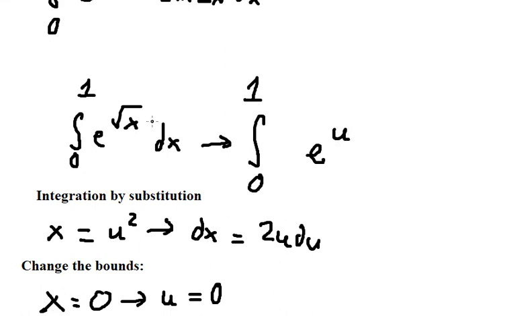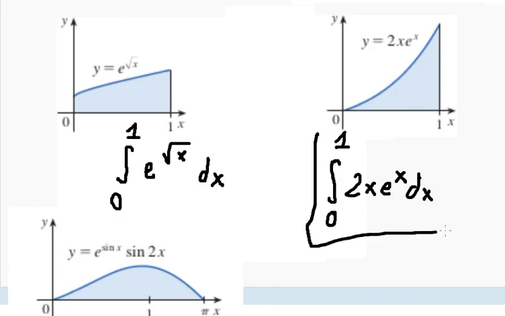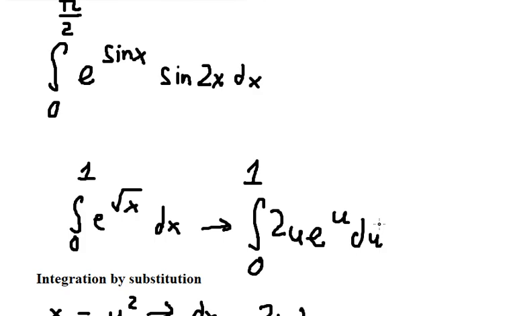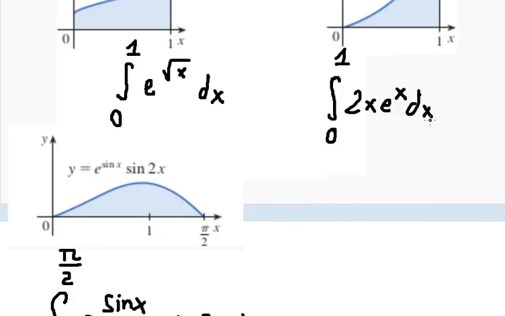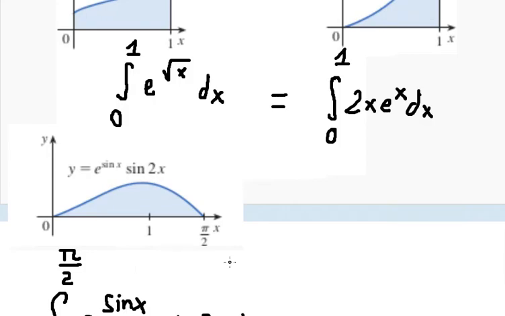The s, that is from here, so we change by 2u du. And if we look carefully at this one, this is the same as this one, because u du or s ds, they are the same. So that means this one equals this one.